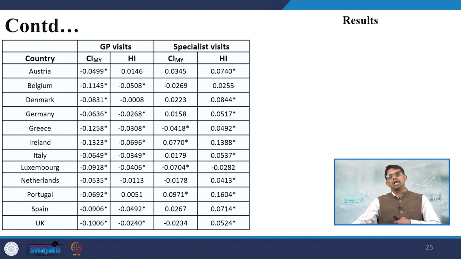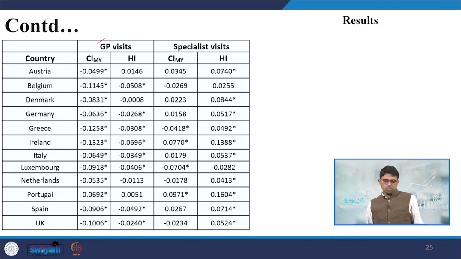When it is towards minus, the distribution is favoring the poor, and when it is plus, the healthcare distribution is favoring the rich. Since it is negative for the general practitioner visits or general consultations, the distribution is pro-poor.